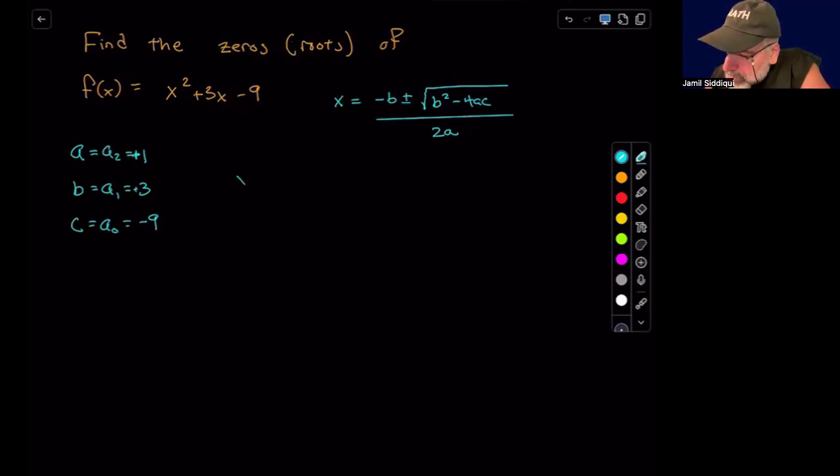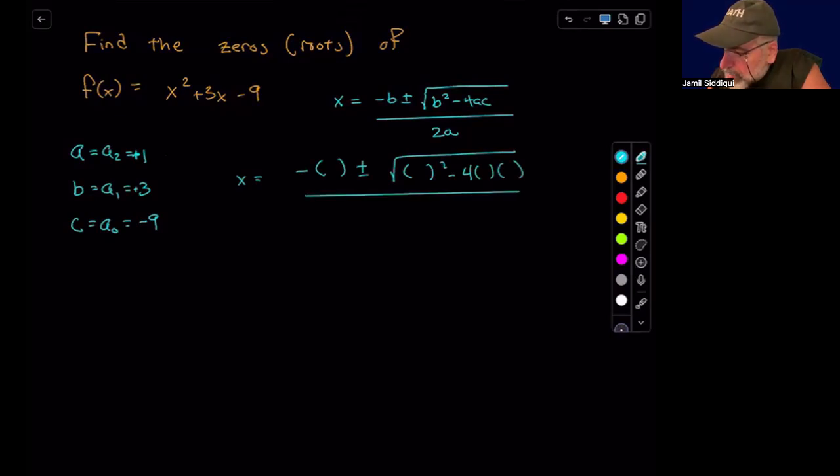So we're going to say that the answers are going to be x is equal to negative. And I like to just set it up like this. I find it easier to make use of some blanks to fill in. I wouldn't call these somethings because they're not the same value that we're plugging in everywhere. But this is what I know. I know that these first two are going to be my b values, so we're going to plug in b values of 3 and 3 here.